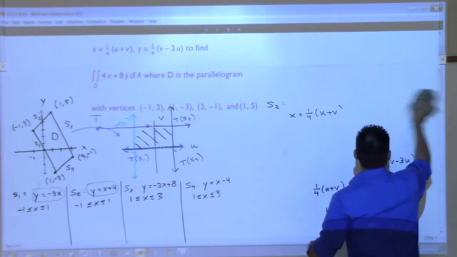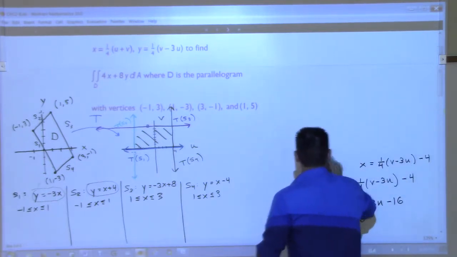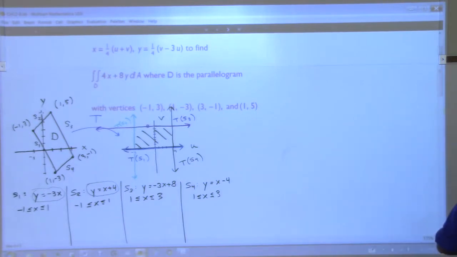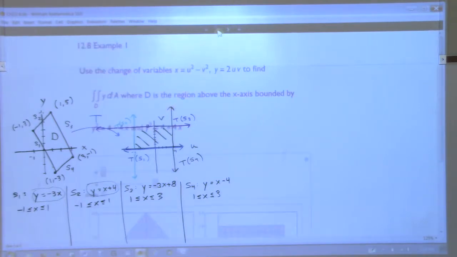Now we need to do the double integral. If we do this transformation, our new integral, let me just bring up the notes here so you can see it, I don't have to write it down on the board again.